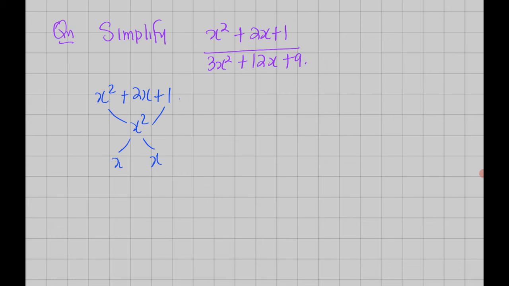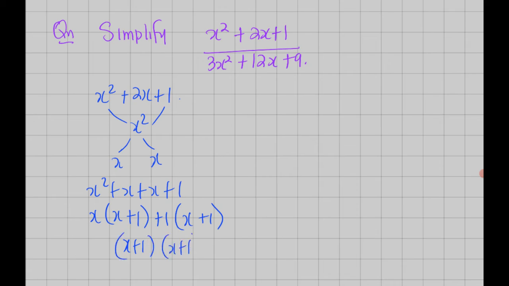These are x and x. So it's x squared plus x plus x plus 1, right? The common factor is x. x into x squared is x. x into x is 1, plus common factor 1. 1 into x is x. 1 into 1 is 1. So what we get is x plus 1 times x plus 1.